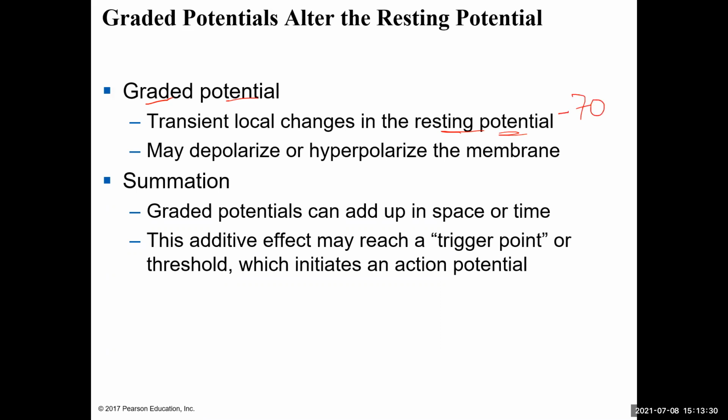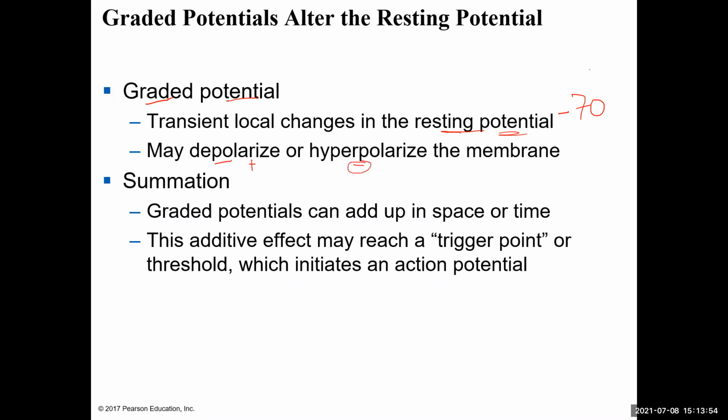Now, depending on what the stimulus is, it could either depolarize the membrane, or it could hyperpolarize the membrane. Depolarization is the resting potential becoming positive. Hyperpolarization is becoming more negative.